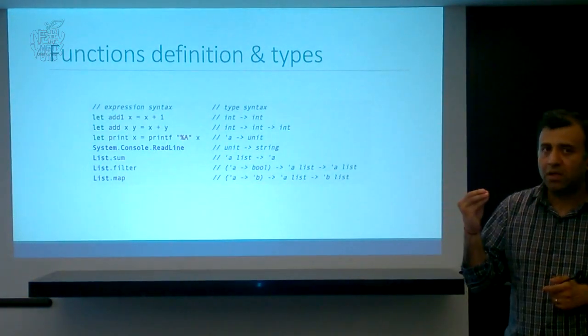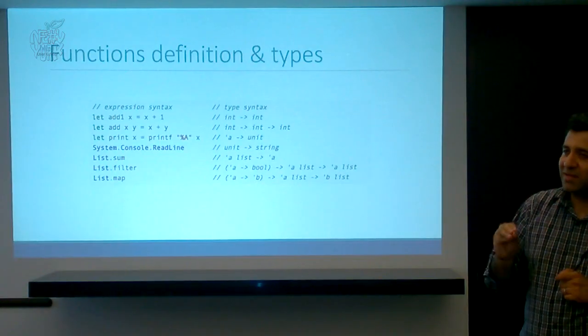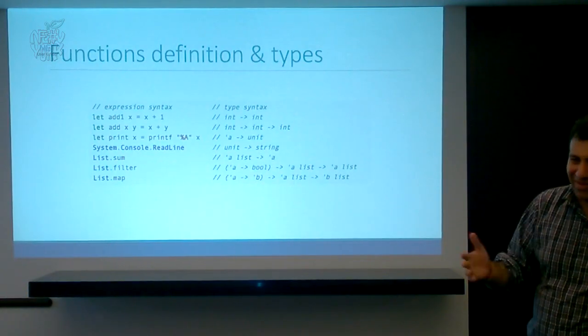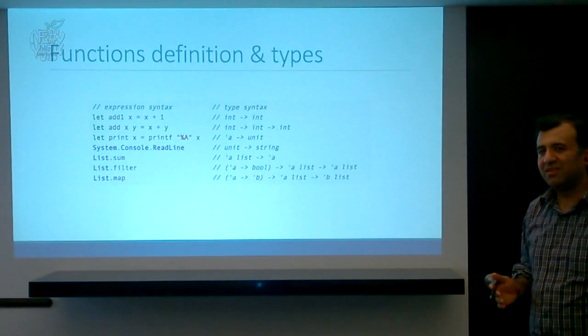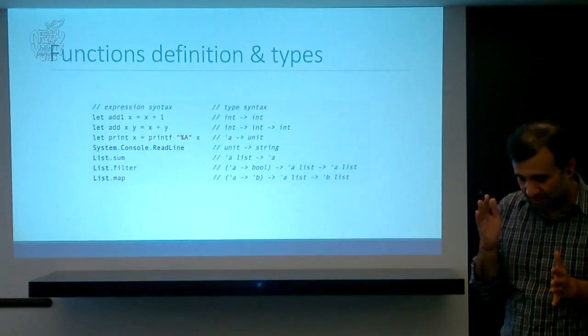In other sense, this is going into a bit of mathematics here, and I don't think you need it to use F#, but just to give you a bit of context here.